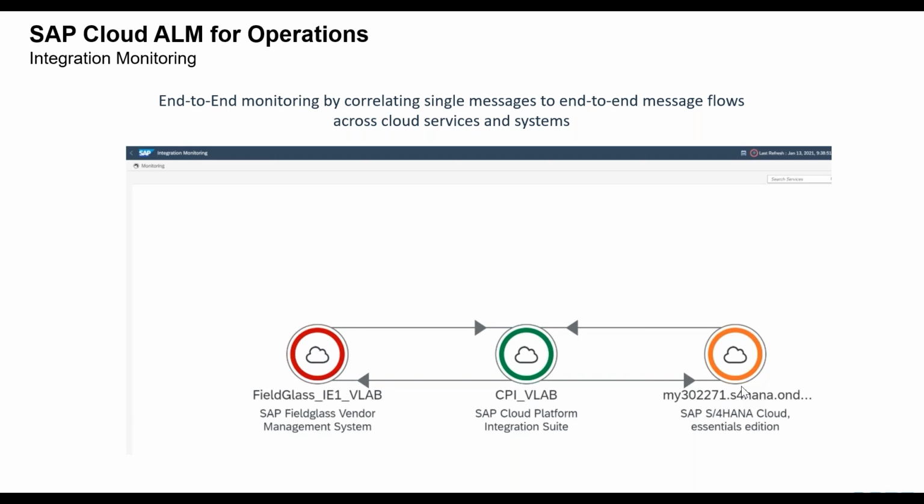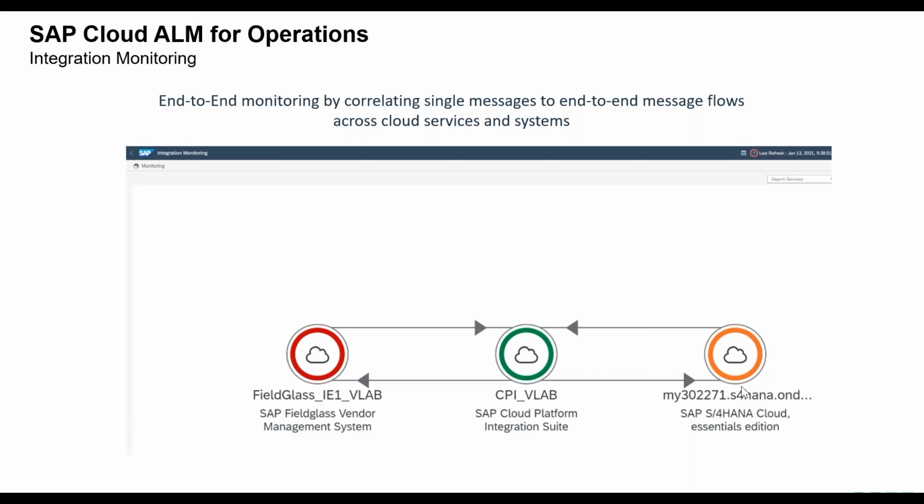And this is one basic flow, but if you have more complex flows, including your non-SAP applications, for example, you could have very similar monitoring of any type of messages that you want to report on.